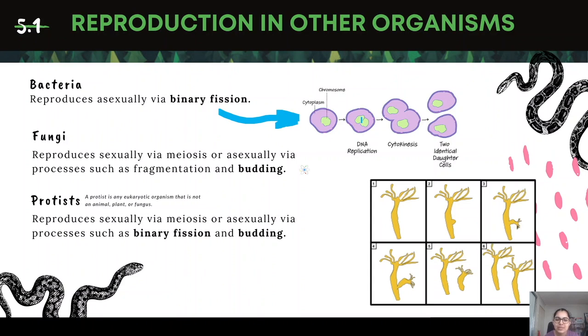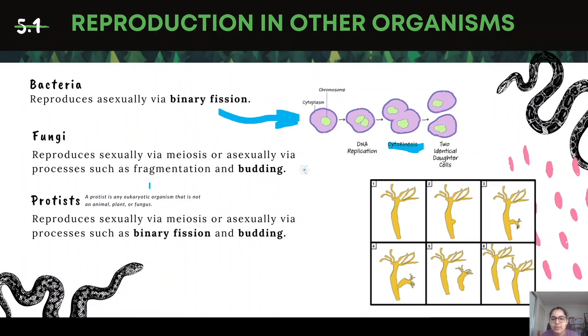And so we can see that the nucleus starts to divide. DNA replication happens, and then it continues, and then we get to see a process called cytokinesis. Essentially, the cytoplasmic wall breaks apart and it forms two layers, and slowly you end up with two identical daughter cells.